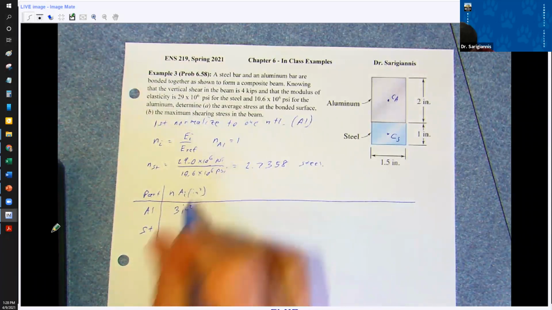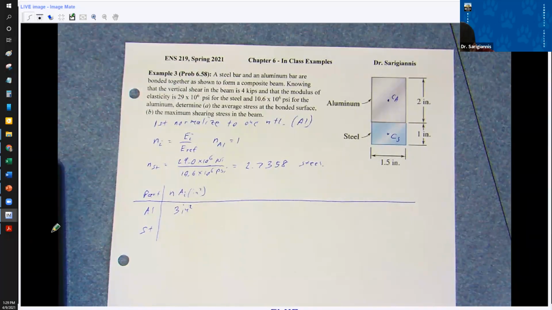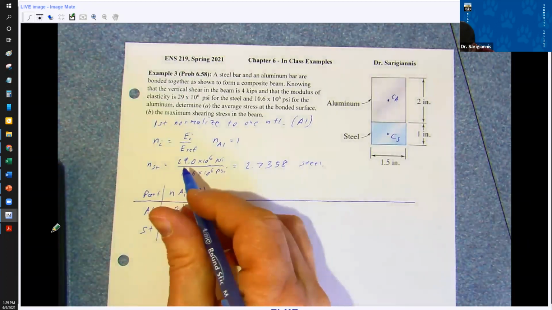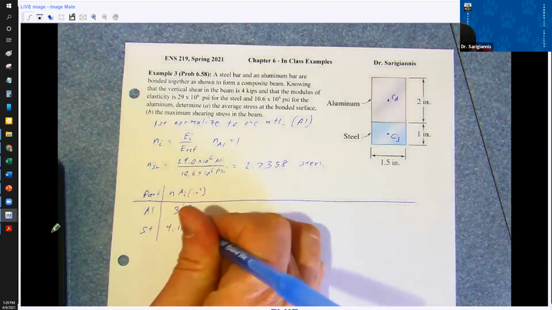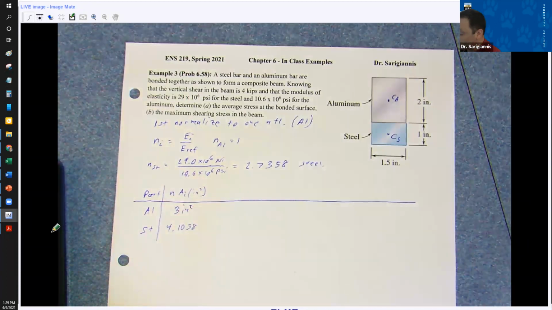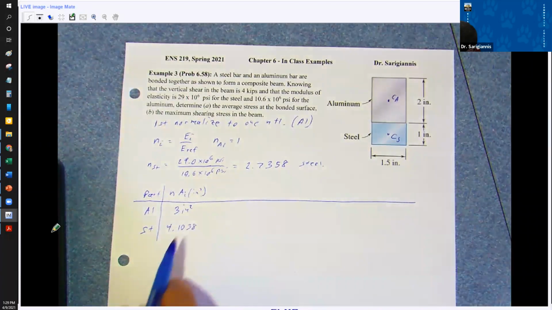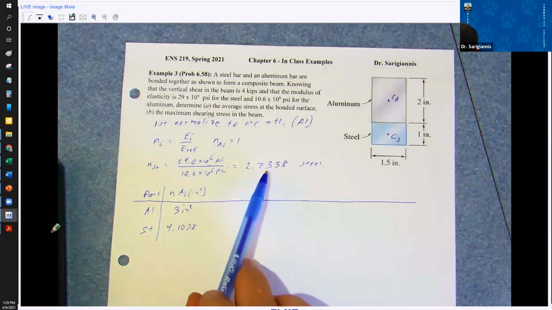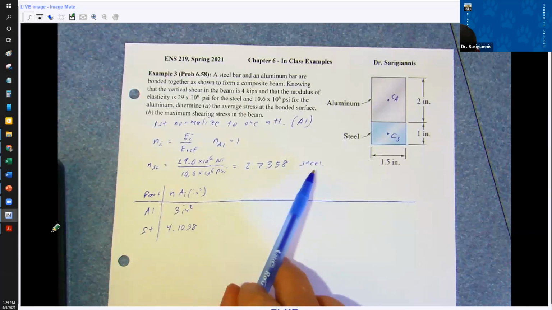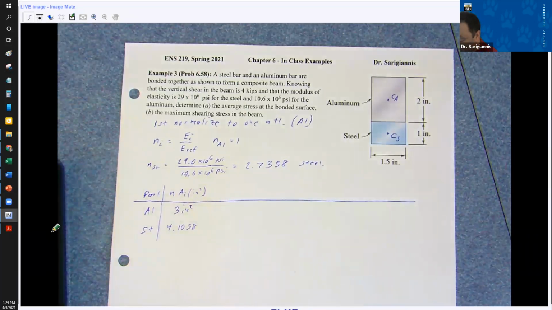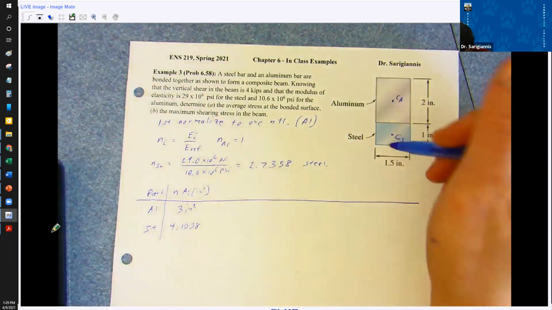For steel, we've got 2.7358 times 1.5, which is 4.1038. The area is 1.5, times the n. So this is how much more area we need of aluminum than steel to get basically the same stiffness, or the same centroid location.